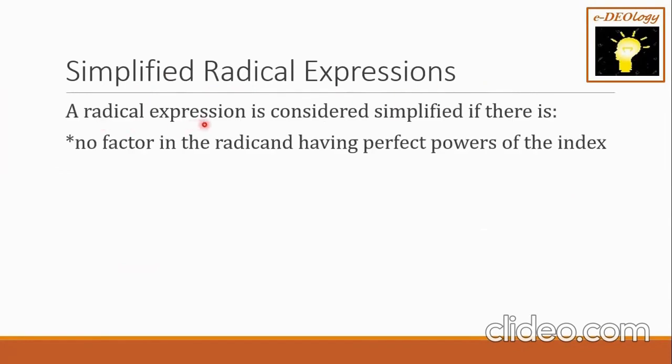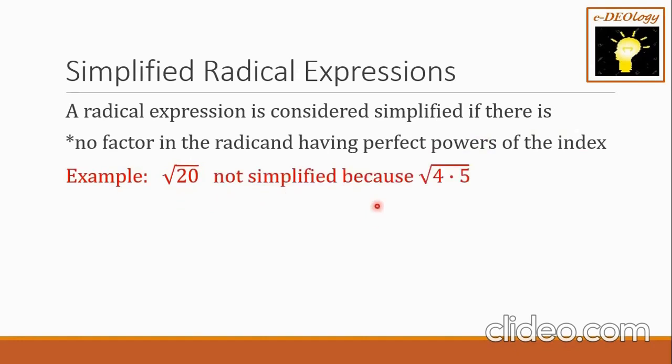A radical expression is considered simplified if there is, number 1, no factor in the radicand having perfect powers of the index. Example here is square root of 20. This radical is not simplified because the 20 has a factor of 4 and 5.